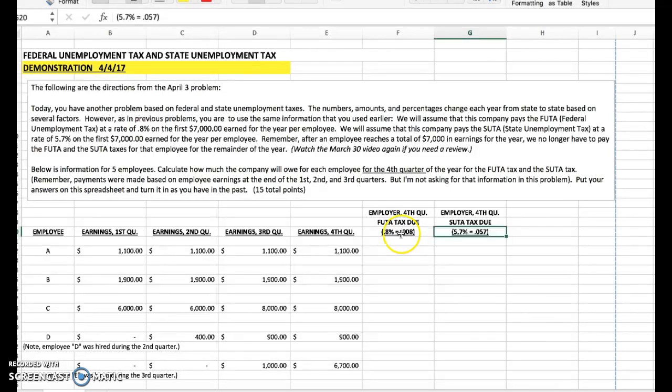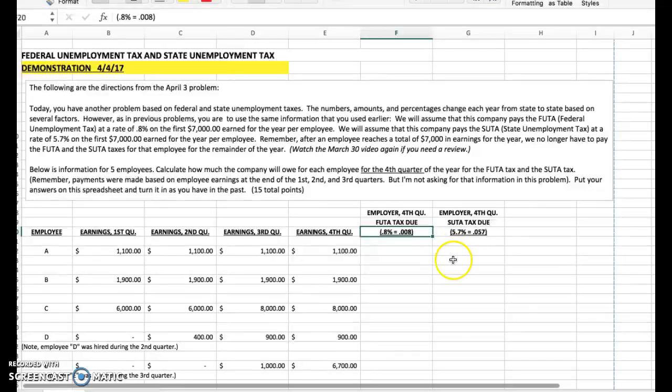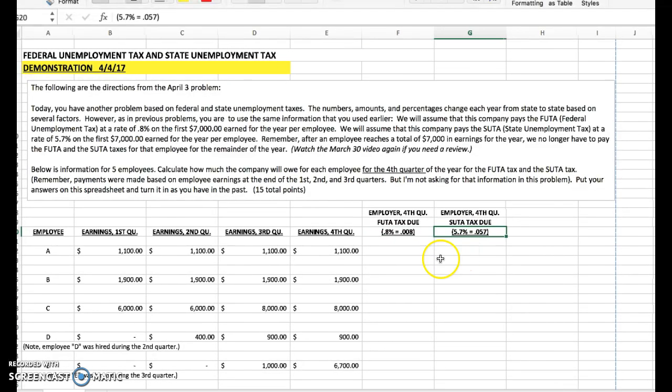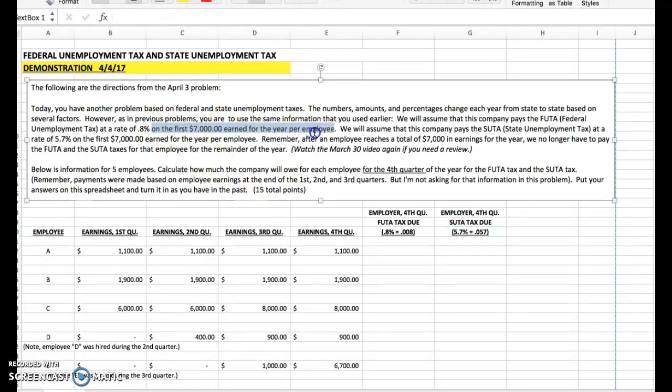And understand that those change periodically, and from state to state, particularly the state rate will change. And the 7,000 up here, we talk about the first 7,000 earned per year by employees. That amount of 7,000 will change as well. I think last year was more like 9,000. But to keep it simple and to keep it the same for each problem, we're going to use these percentages, and we'll use the 7,000.